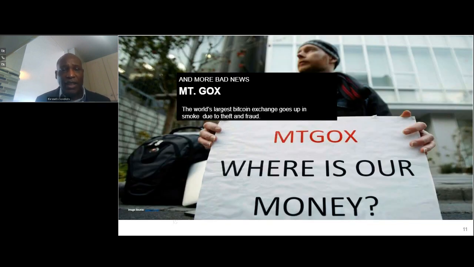Which was at that time one of the largest exchanges in the world. And unfortunately, there was a huge hack that occurred, with theft and fraud. The question behind that is, where did our money go, right? Where did your money go when you put your money in a wallet, used it on an exchange, and all of a sudden it's gone? That led to an actual bidding that occurred.